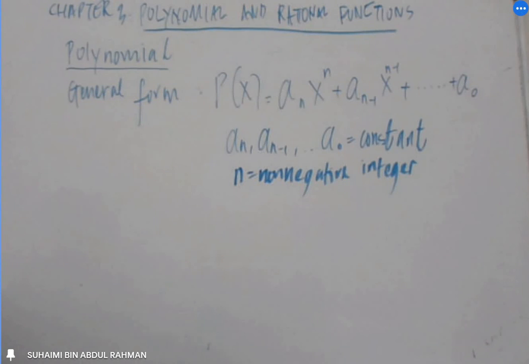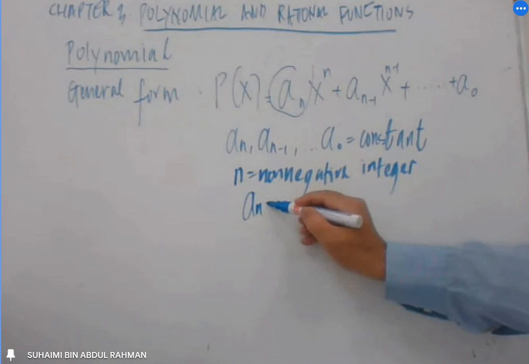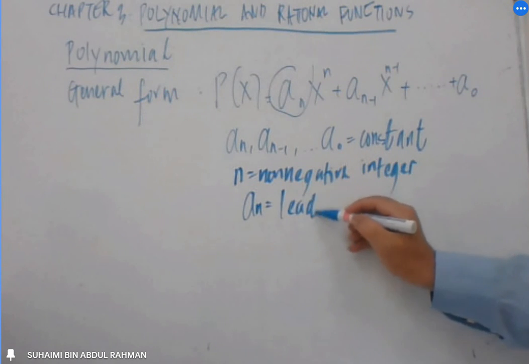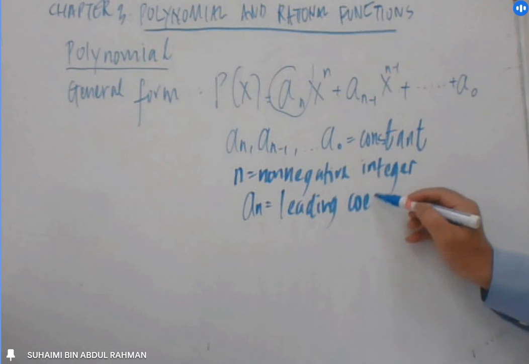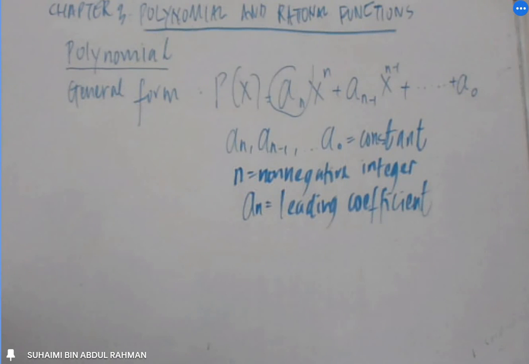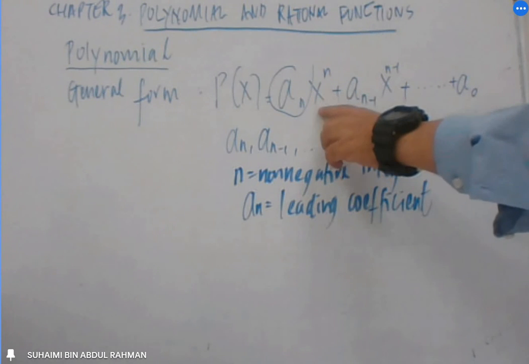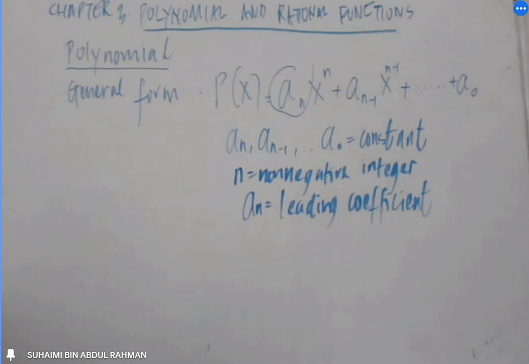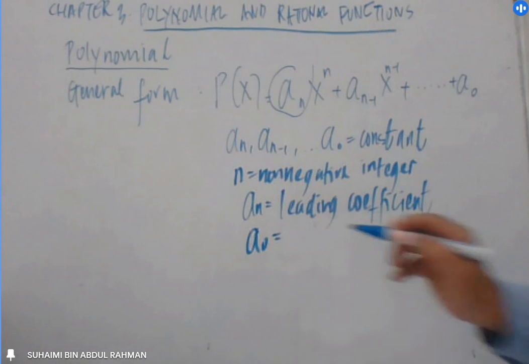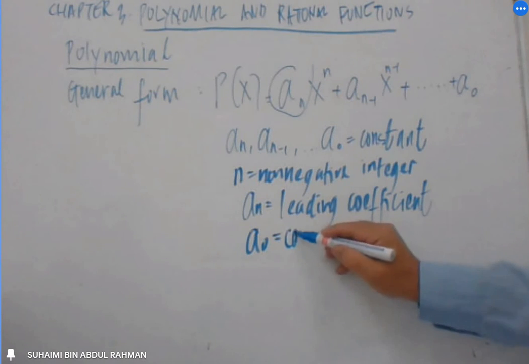Here, a_n is called the leading coefficient, the first one. And a_0 is called the constant coefficient.